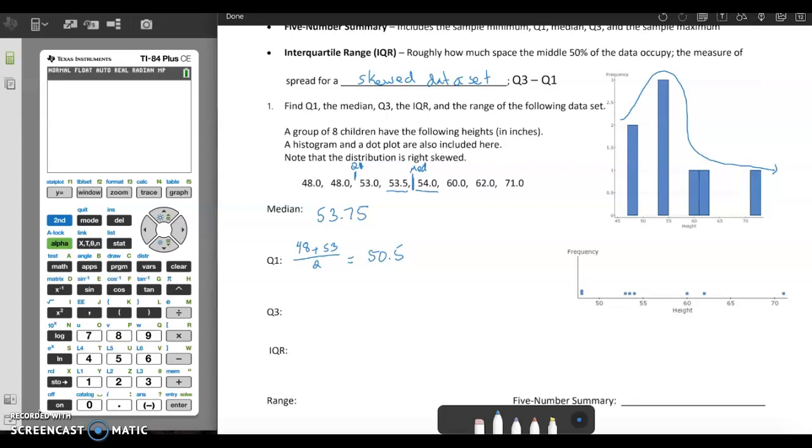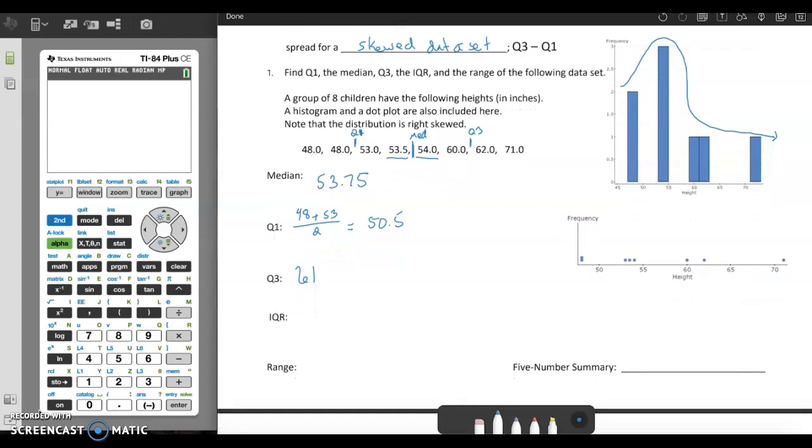Q3 divides that upper half in half again, so it's going to be right in the center of 60 and 62. In this case, I don't need a formula to figure out what's right in the center there. That's 61. What is the IQR? As long as you went through and found Q1 and Q3 already, the IQR is very easy to find.